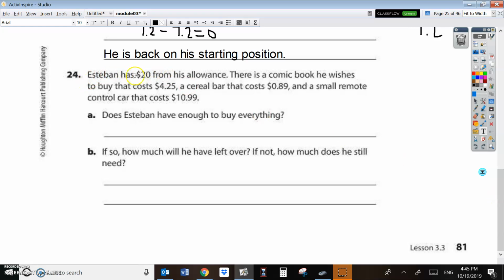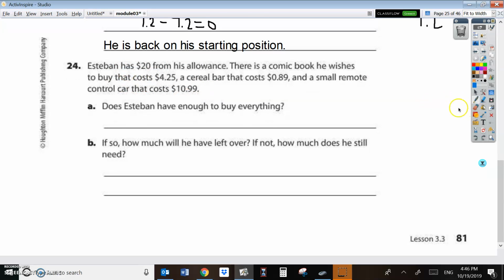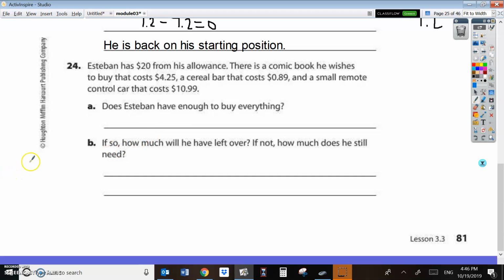Esteban has $20 from his allowance. There's a comic book he wishes to buy that costs $4.25, a cereal bar that costs 89 cents, and a small remote control car that costs $10.99. Does he have enough to buy everything? Well, let's try it.